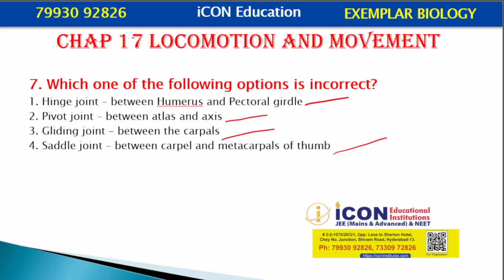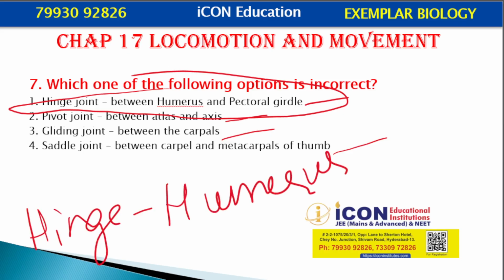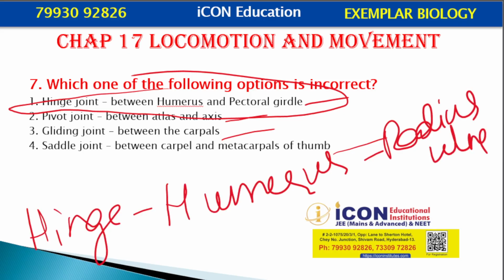The hinge joint is present between humerus and radius-ulna, whereas between the humerus and pectoral girdle, the joint present is called ball and socket joint.